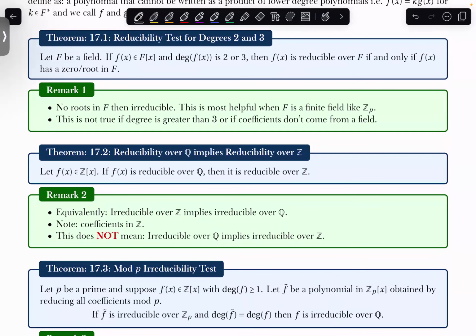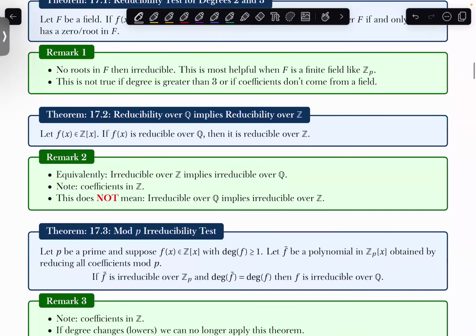Anytime we see degree 2 or 3, we want to think about whether we're in a finite field, which is going to be helpful. But we'll see our mod p irreducibility test is really allowing us to think in Z_p instead of in Z. Okay, information about being reducible over Q tells us about whether it's reducible over Z. So here, if I have a polynomial with coefficients in the integers, as soon as I know it's reducible over the rationals, then I know it's reducible over the integers.